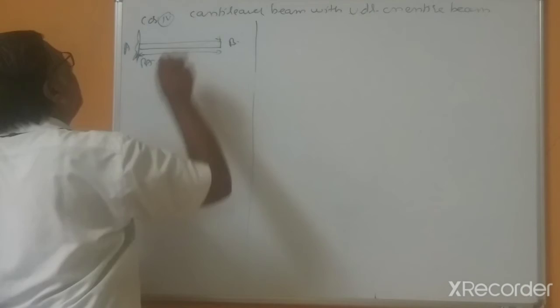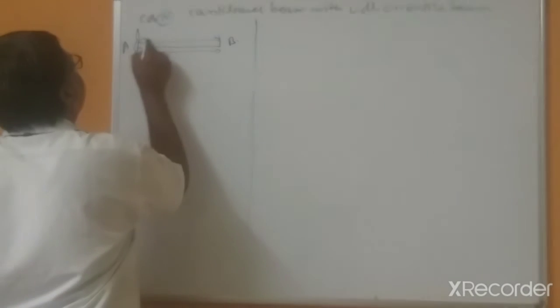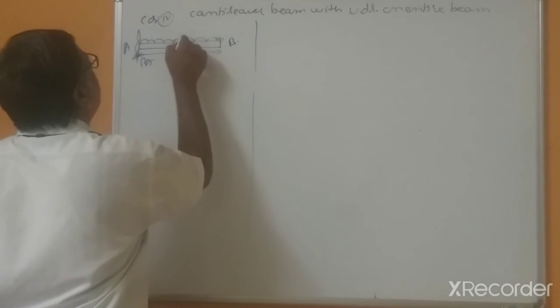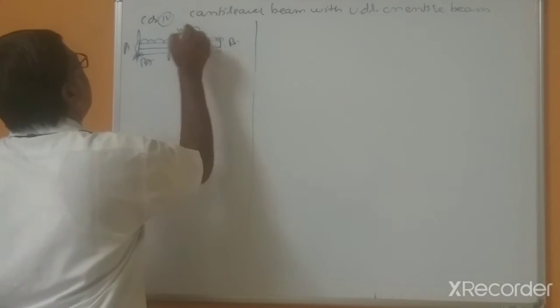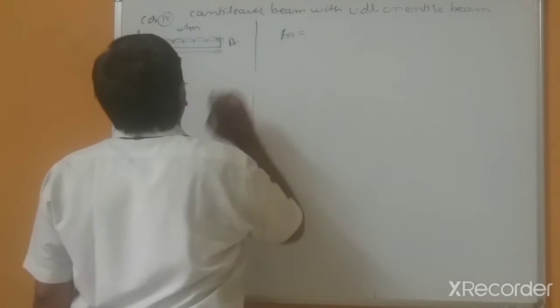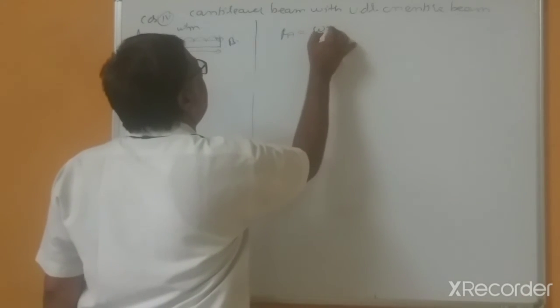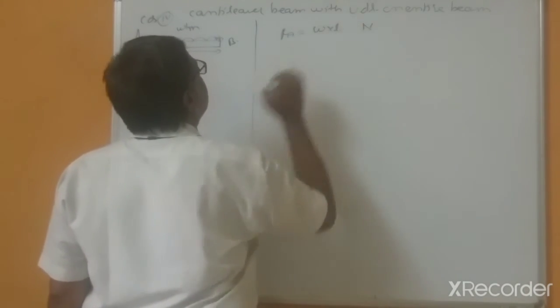So in this case, this load equals W per meter. So that's why there is only one support. This is equal to W into L. This is in terms of Newton.